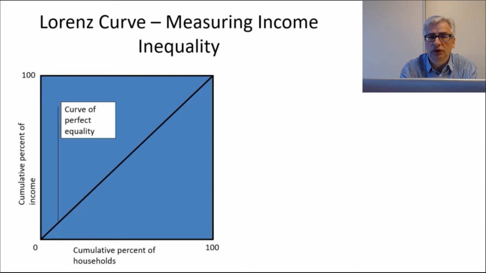You can also take 40, 50, 70, 80% of households, as long as these are households that get no income, their share in the total income would be 0. So this is this horizontal line here that shows us income distribution.